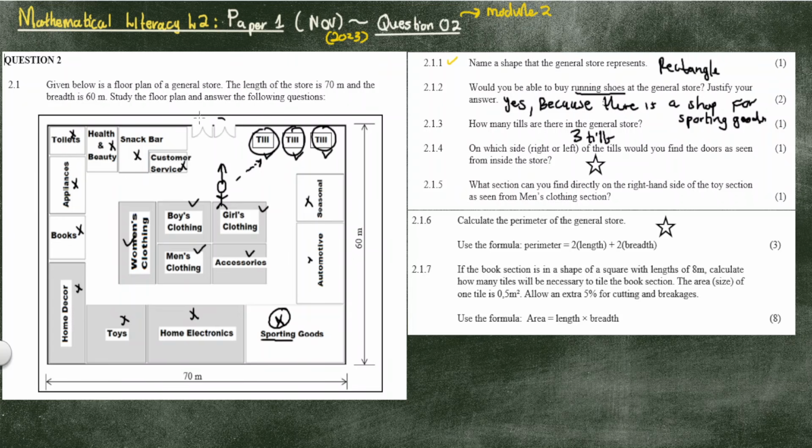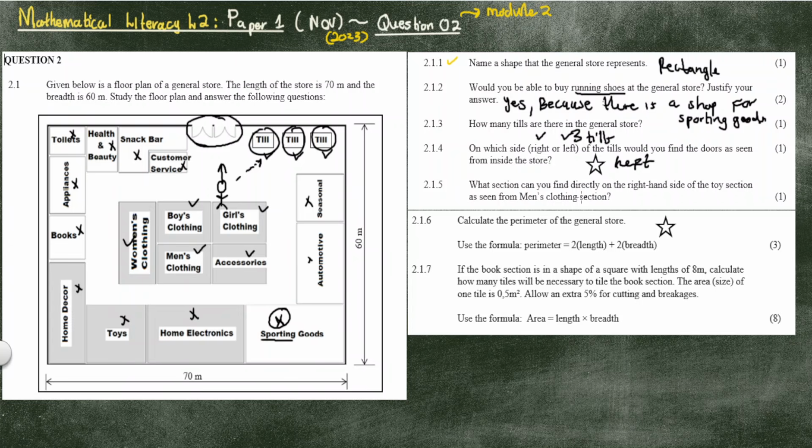This is where our doors are, as seen from inside. So I would say they are to the left of the tills. So the answer should be left. We had to choose between left or right. So when looking at the tills from inside the shop, the doors are to the left of the tills. The answer should be left.